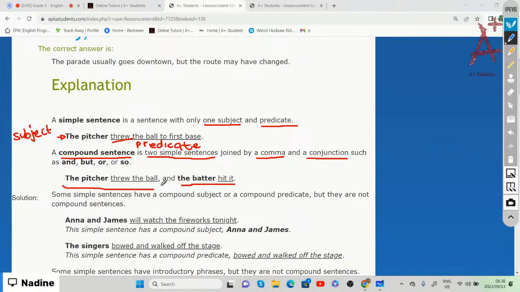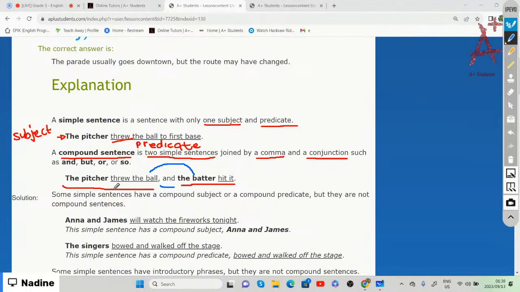And the word here in the middle, and, is our conjunction that is joining these two sentences. And remember, we said that a compound sentence is two simple sentences that are joined together.